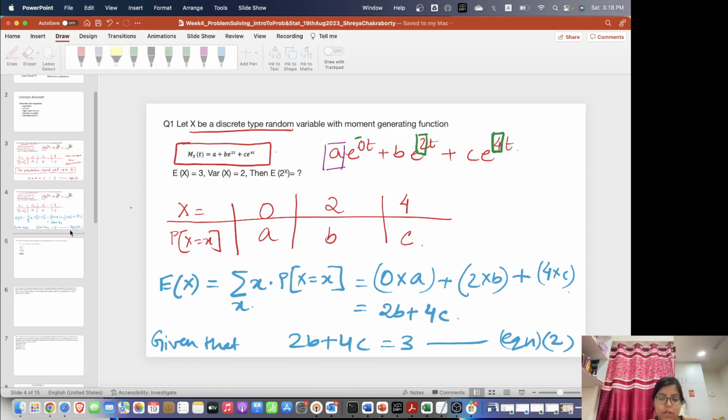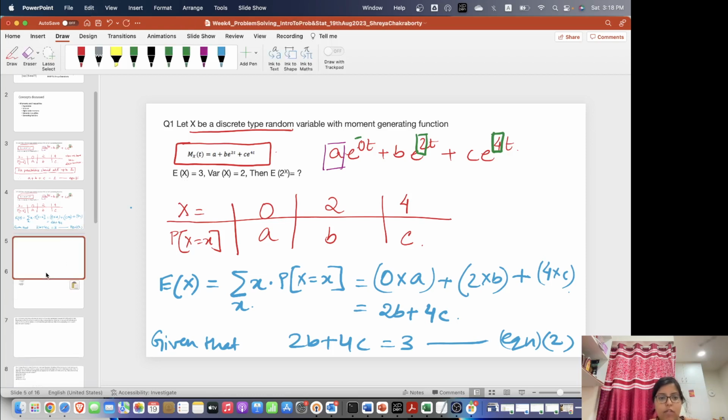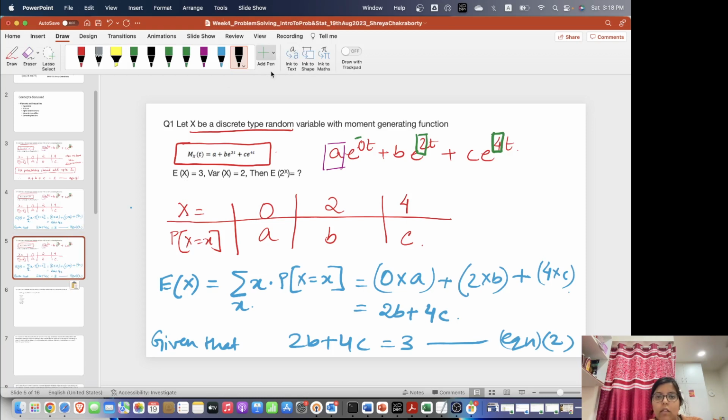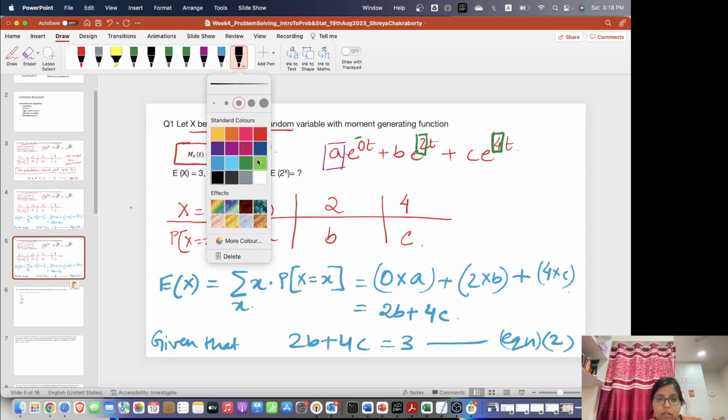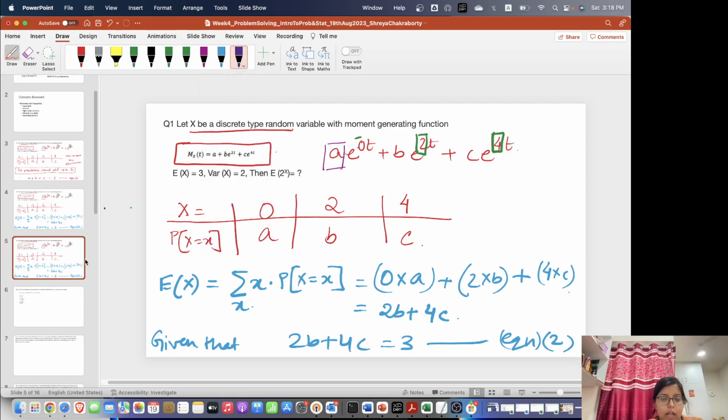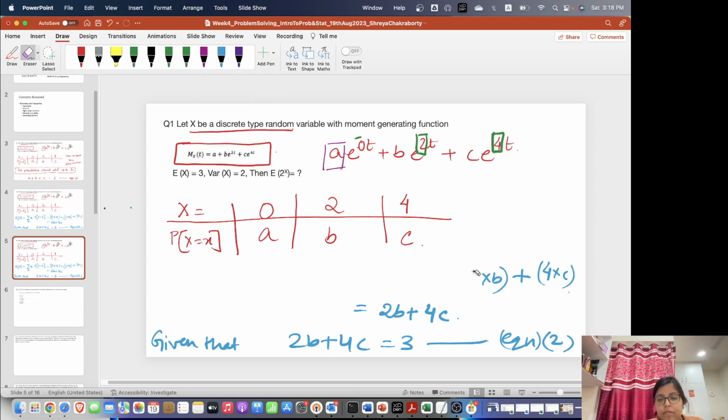Now we have 2 equations. We need a third equation and we have the variance value given. So easily we can calculate. Now how will you calculate the variance? E of x square minus E of x whole square.